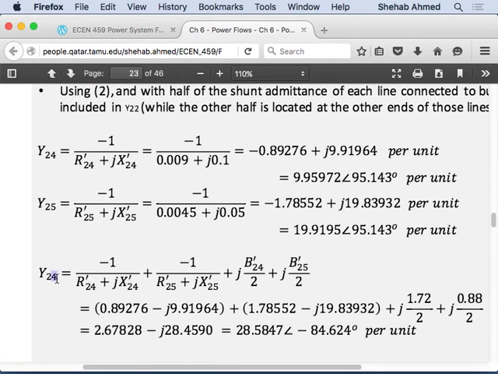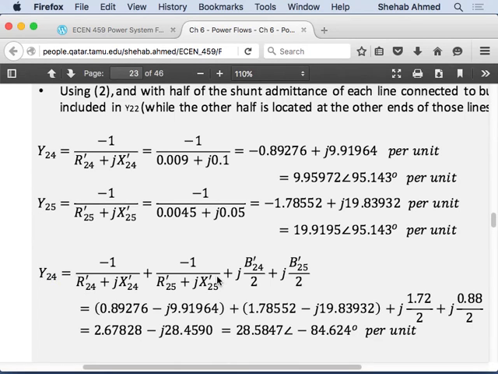So this is Y22. This is another typo. Because remember, I have the jB over 2 for line 2.4, the jB over 2 for line 2.5, and then the 2 admittances. And for Y24 and Y25, it's just the negative of the admittance between bus 2 and bus 4, and the negative of the admittance between bus 2 and bus 5. So I found all of them.